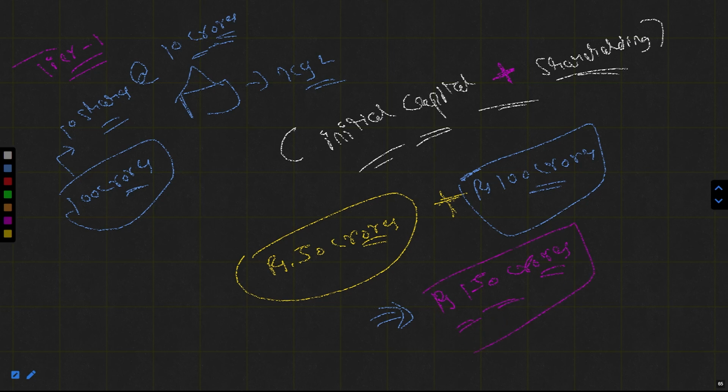Okay, and this rupees 150 crores is basically the tier 1, because it is the main capital used by the banks: initial capital and shareholdings. It also signifies the deposit held with the bank. So this is the main capital and it is in the public domain.